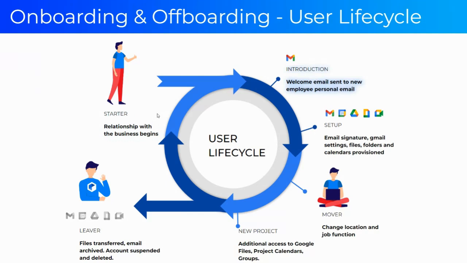We're focusing predominantly on Google Workspace. So we're going to give the individual an email address. And then as they go through the organization, things like email signatures, settings, files, folders, calendars, etc. are all then provided to that new user.